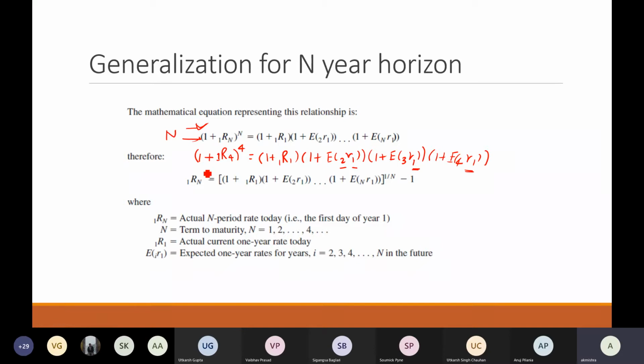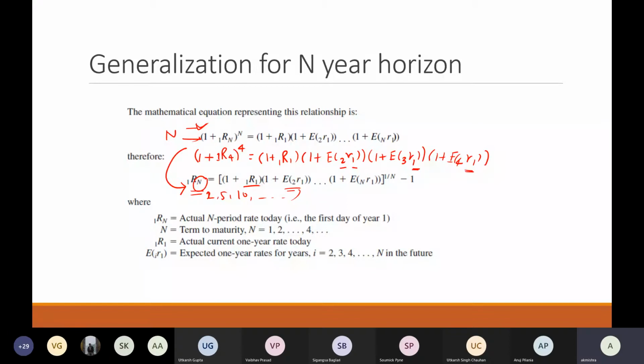And from this, if we further generalize this relationship, basically we can get the yield for n time periods, or you can assume 1 year, 2 year maturity, 5 year maturity, 10 year maturity, and so on, if we know the bond having 1 year maturity and the expected yield for subsequent years.